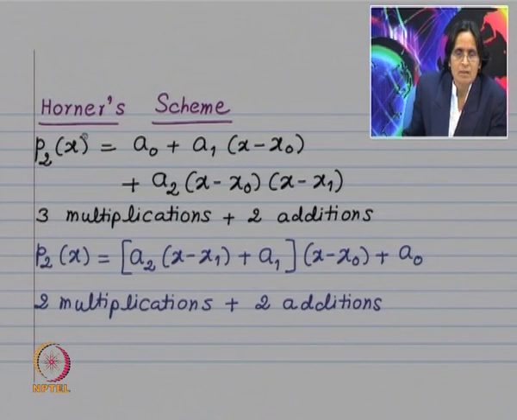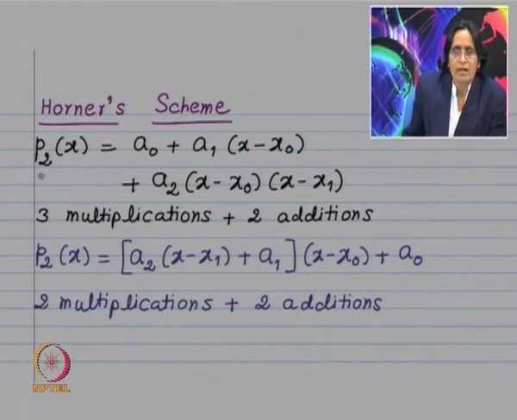Now, in Horner scheme, what we do is we write the same polynomial in the form (a2 into (x minus x1) plus a1) into (x minus x0) plus a0. So, it is the same polynomial, I am just writing it differently. Now, I will have 1 multiplication here, 1 addition here, then I will have 1 multiplication here. So, instead of 3 multiplications, I will have 2 multiplications and there will be 2 additions as before.